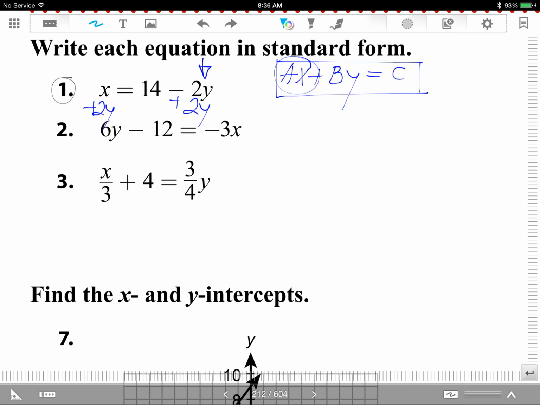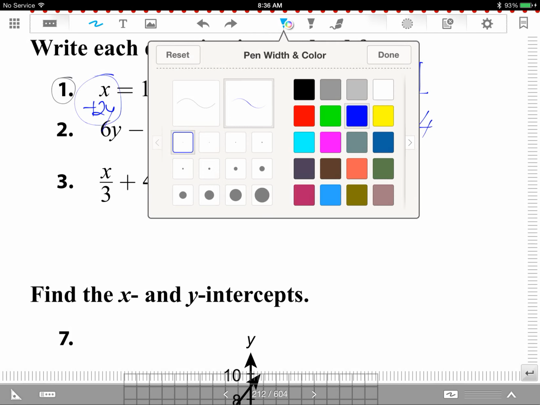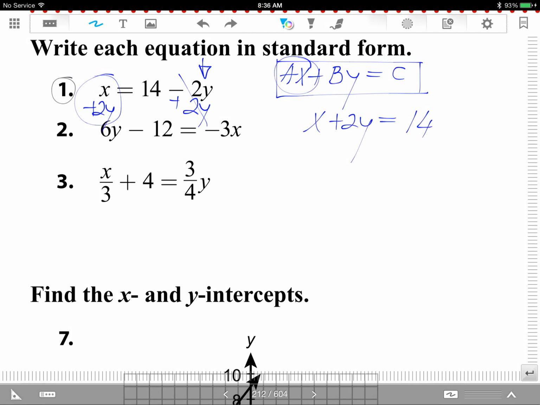On the left side you have x plus 2y equals 14. Minus 2y plus 2y goes away, and this is it. The standard form of the given expression in problem number 1 is this one: x plus 2y equals 14.